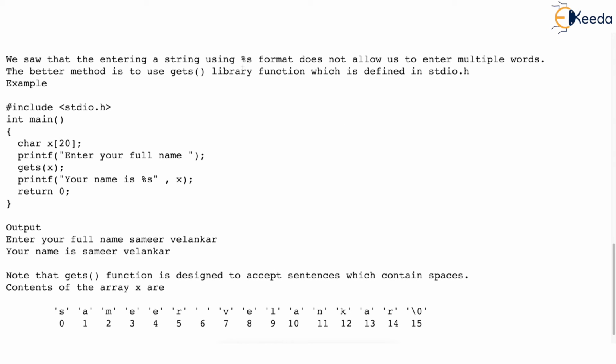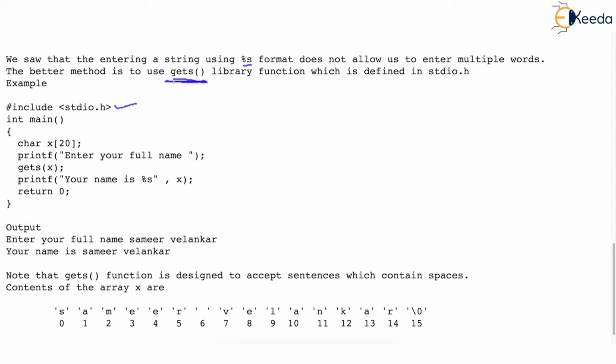Instead of using the %s format, you use the gets function. Now gets is a library function which is defined in stdio.h. Just check, gets stands for get string. Get a string from the keyboard, and whatever string you get, you better store it in the array.